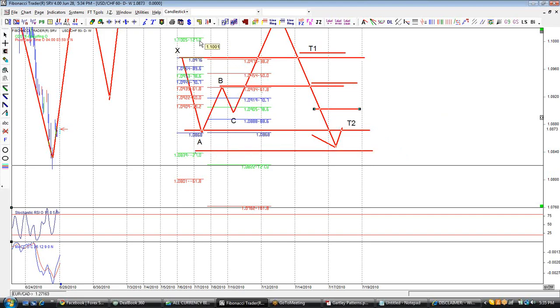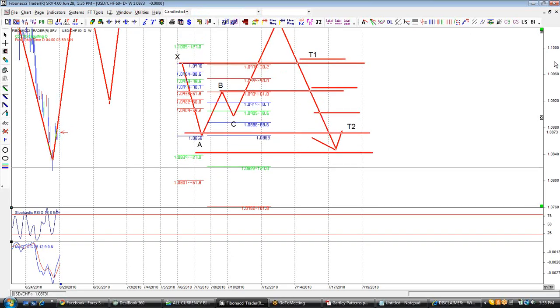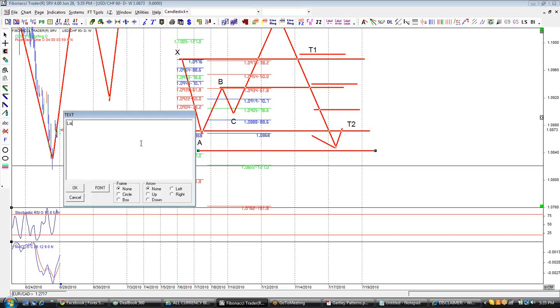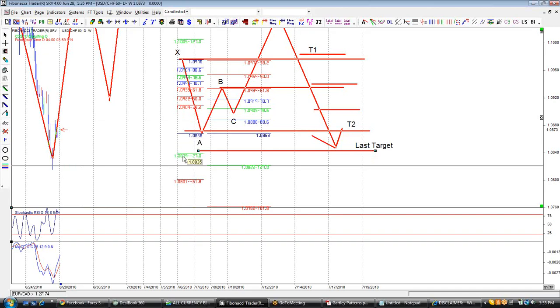Most of the time, after a crab, if price resumes the bullish trend, it will be somewhere between the 127 and 1618 extension of the XA. So I will take profit on my last target at the 127.